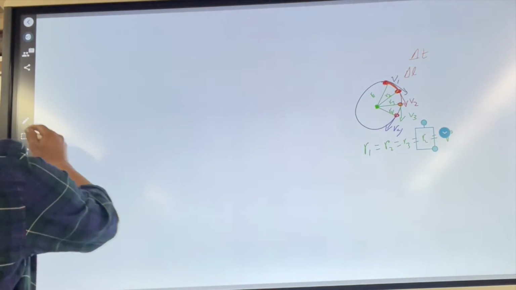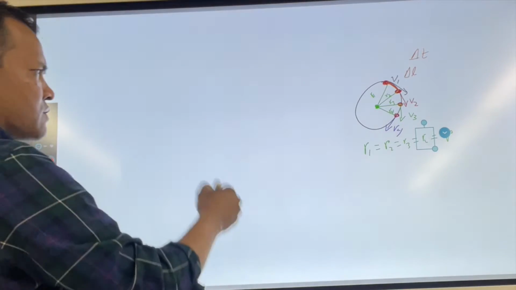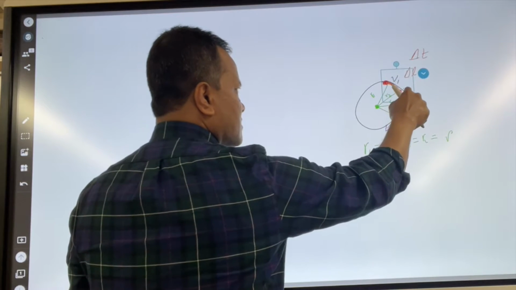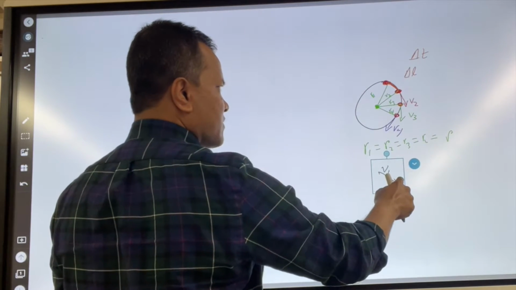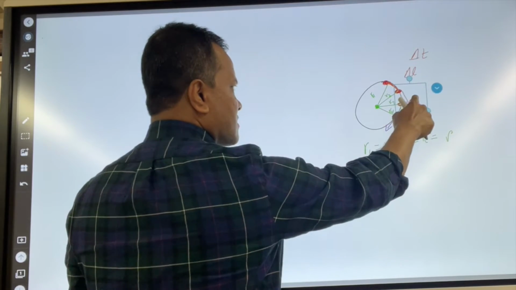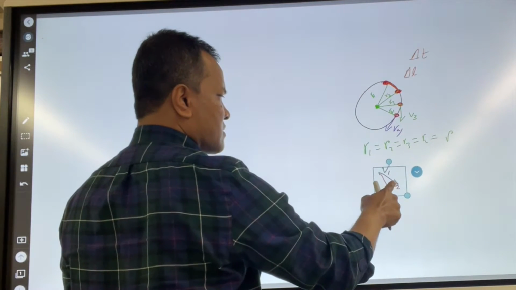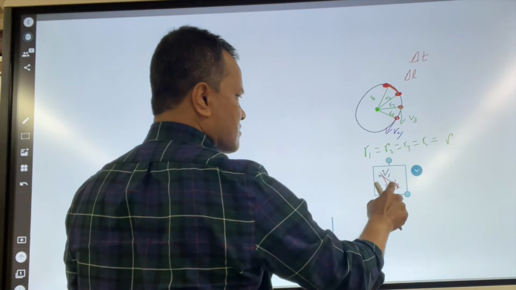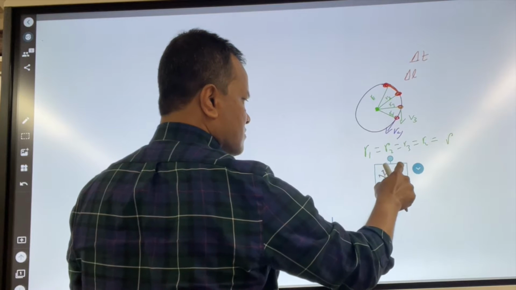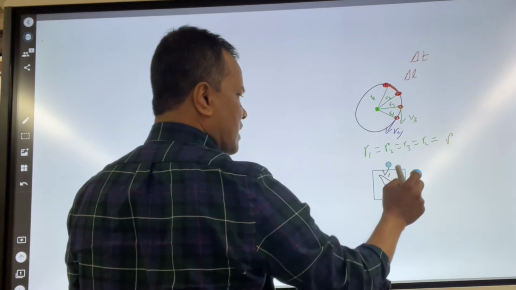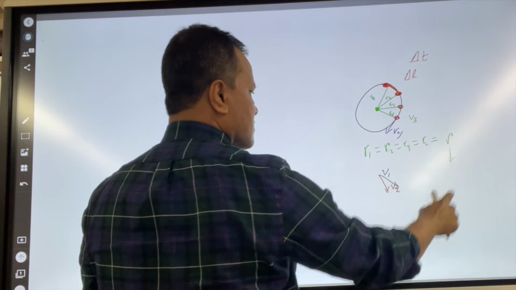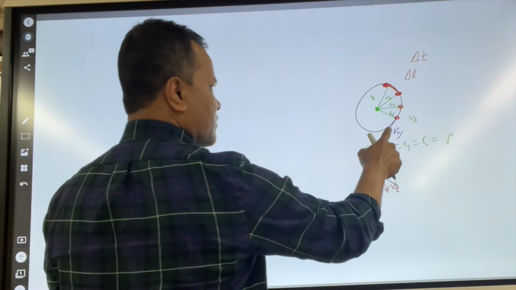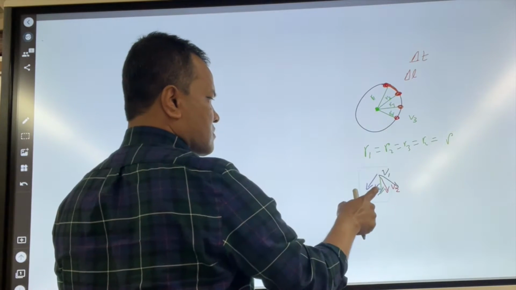Let's talk about the velocity vector. Take the first velocity vector and put it over here, then take the second one and put it over here, then the third one right here, and let's take the fourth one too.